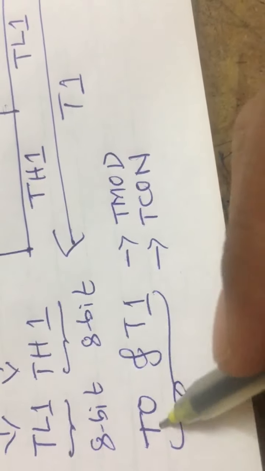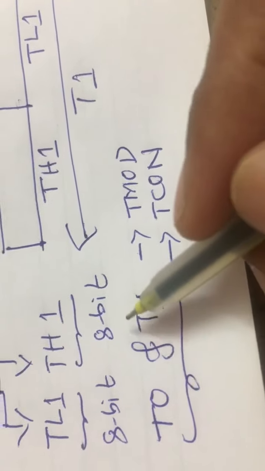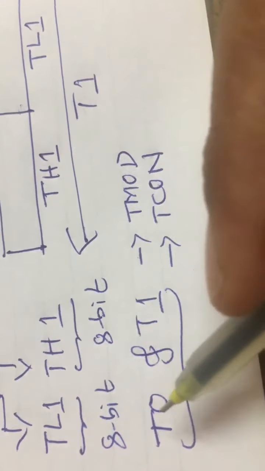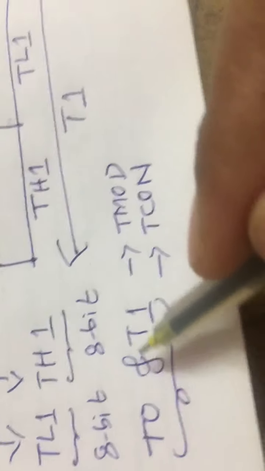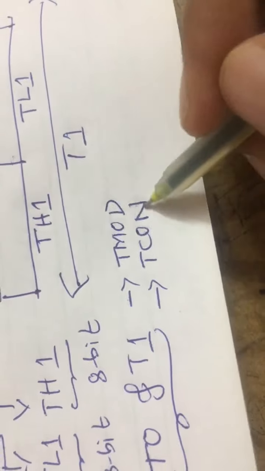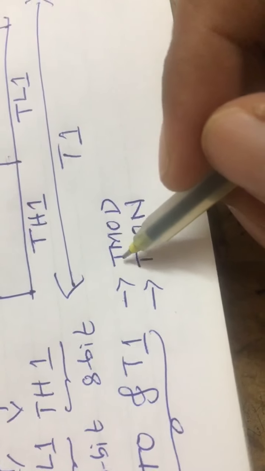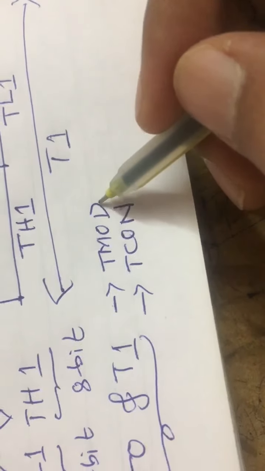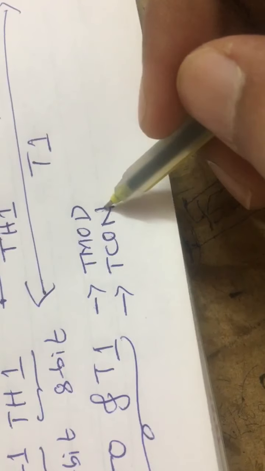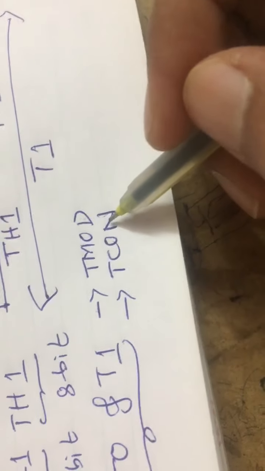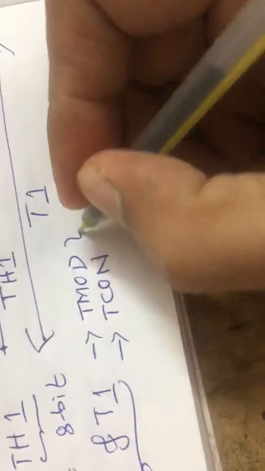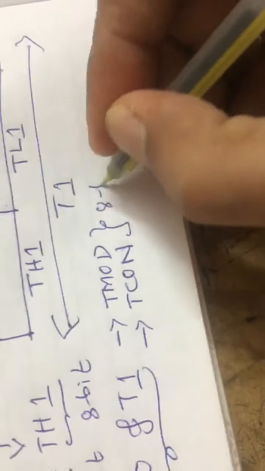These two timers will be started, stopped, or worked with respect to these two registers, that is the timer mode control register and the timer control register. These are the TMOD register and TCON register, and these two are 8-bit wide.